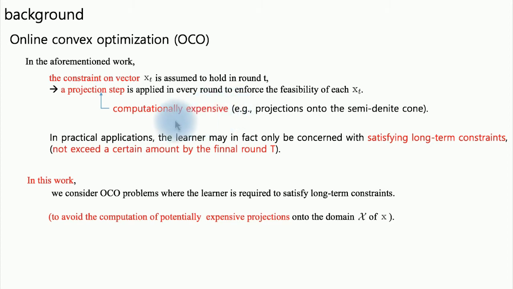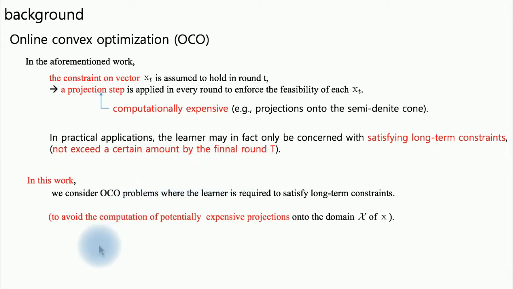For a general convex set X, the projection step may require solving an auxiliary optimization problem, so it can be computationally expensive since the complexity of the convex set is high. More importantly, in practical applications, the learner may in fact only be concerned with satisfying a long-term constraint, that is, the cumulative constraint violation should not exceed a certain amount by the final round T.